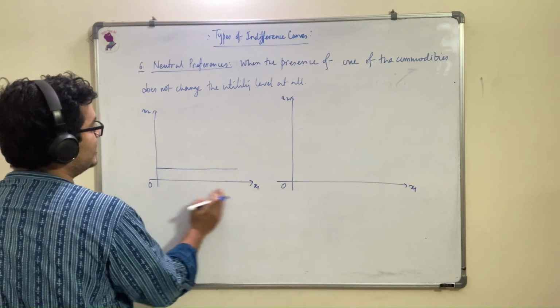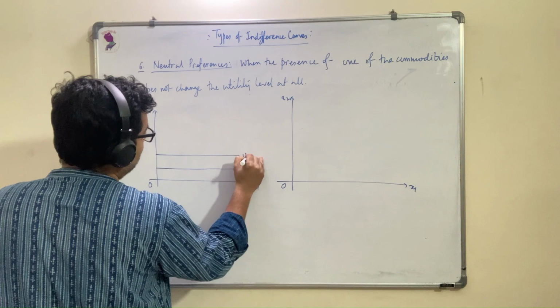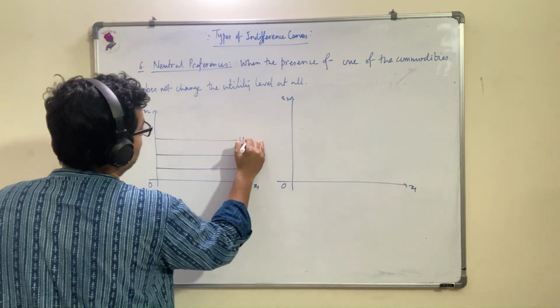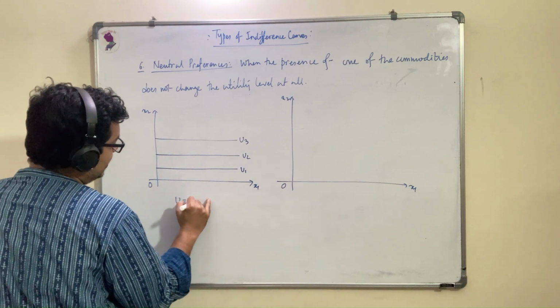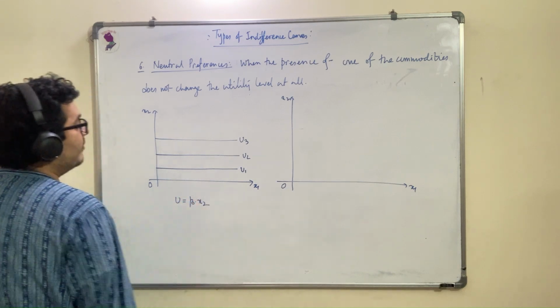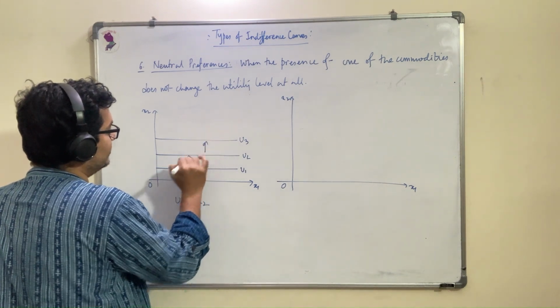So keep on increasing x1, utility doesn't change. That means obviously your utility will depend entirely on x2. And it will increase in this direction.